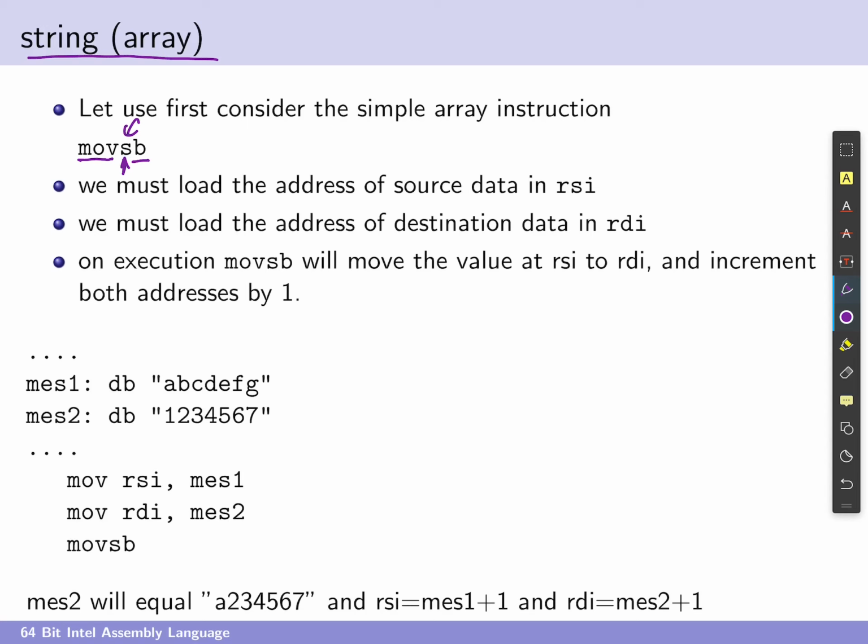Now this operation actually takes no operands. However, it requires you to front load 2 values into registers, much like when we worked with, for example, division, where we had to load registers before we called the instruction. The same thing applies with move SB, but we also don't provide any operands to it.